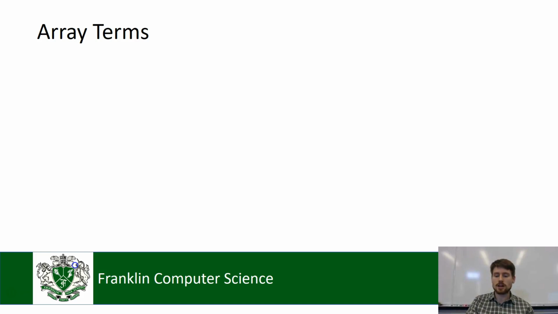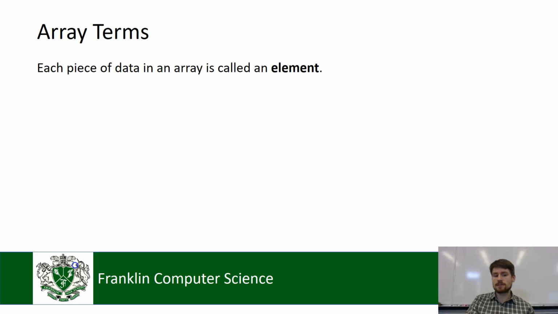So what are some special terms about arrays? An array is a list, and each piece of data in that list is called an element. So you often hear me say the element at position 5 or the element at index 2 and so forth.